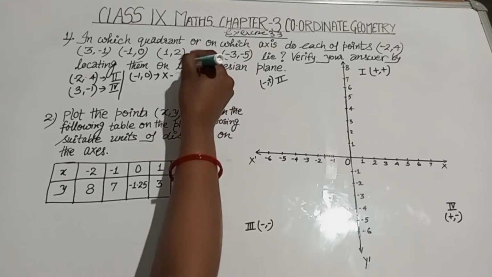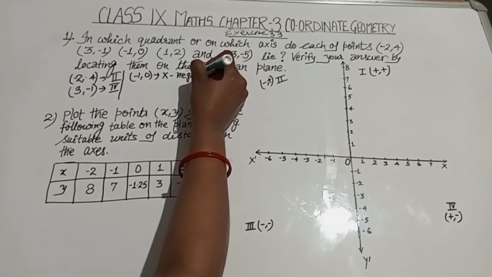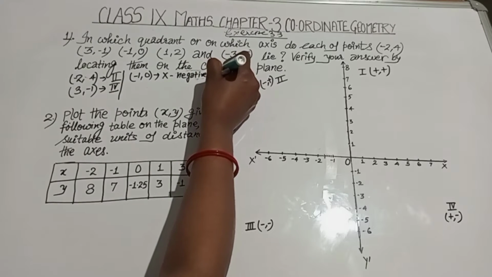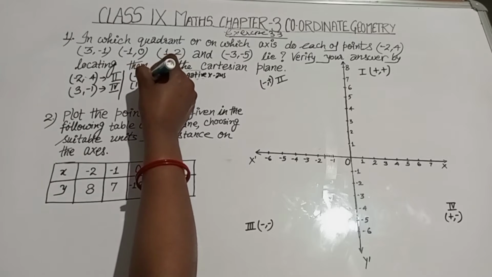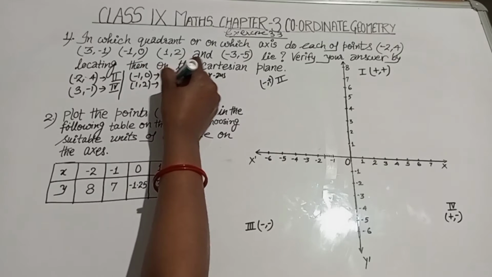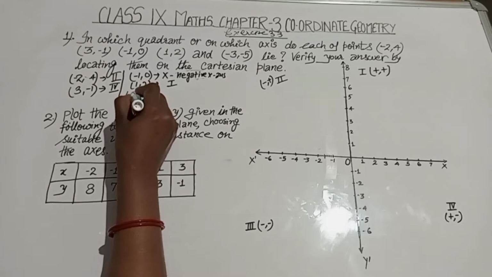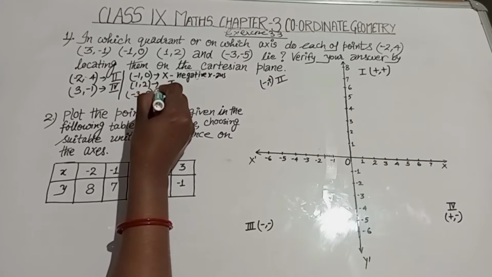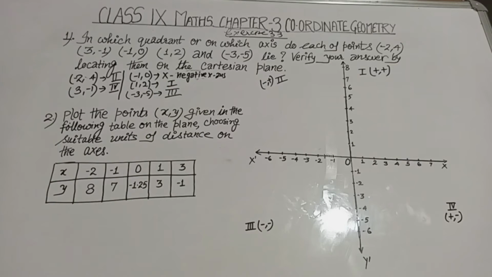Okay, x negative axis. Next, 1, 2: first quadrant because both are positive. The last one is -3 and -5, that is the third quadrant, because minus minus. Okay, so let us plot it.